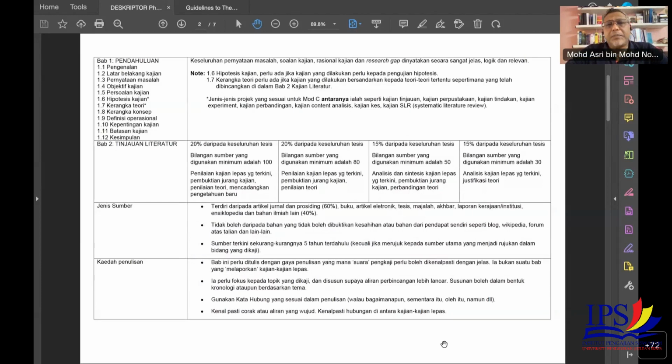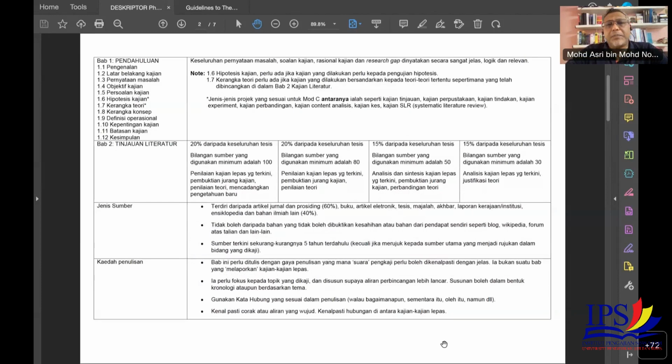Okay, it can be library research. Okay, it can be action research. It can be experimental research. It can be comparative research. Right? It can be content analysis research.